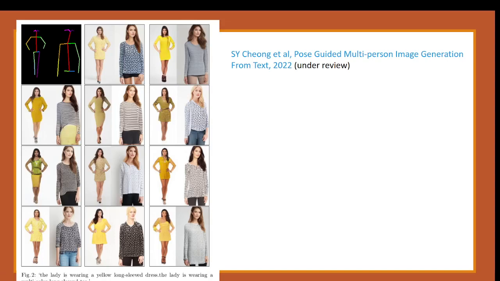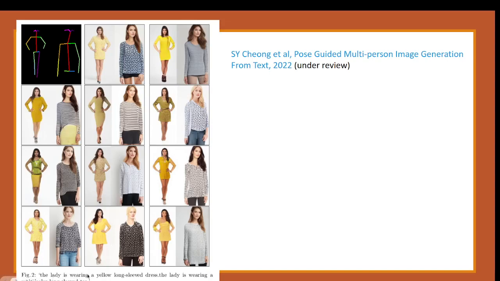There are a lot of things that cannot be easily described in words, like the pose, your camera angle, or how much you want to zoom in or out. So we add another modality, which is pose. We have a novel method of encoding pose, which is not the conventional skeleton. This is just for illustration: we use pose and text for image generation.